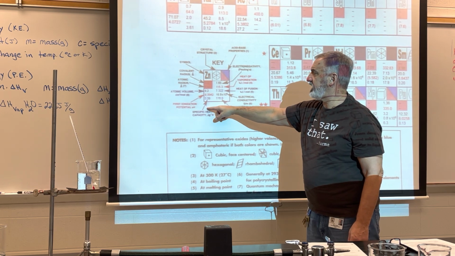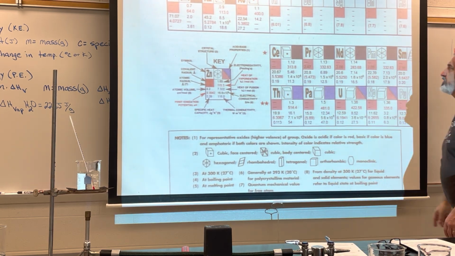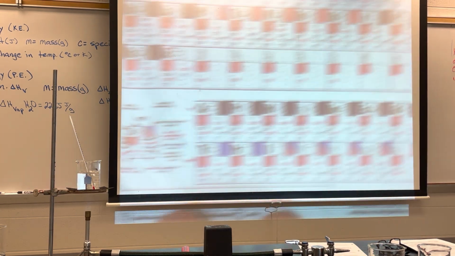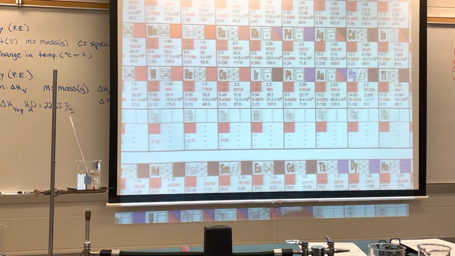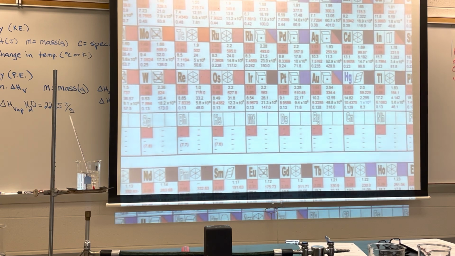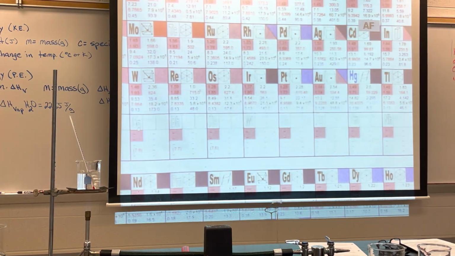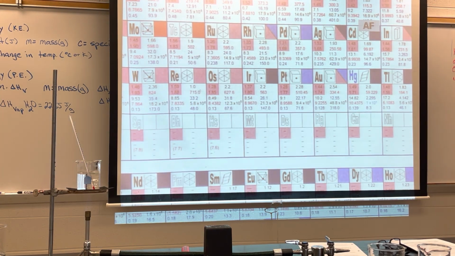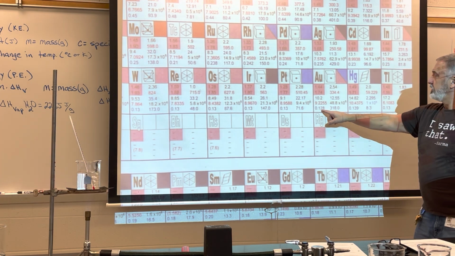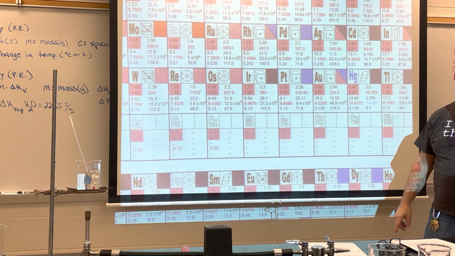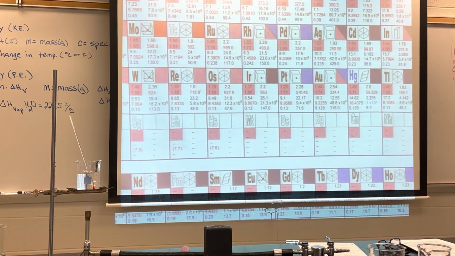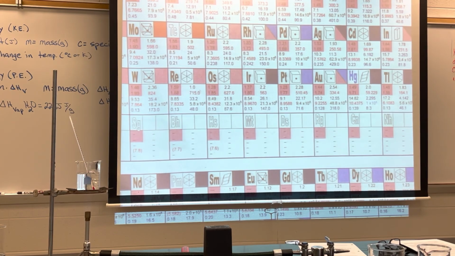That's your specific heat of each element. So I come over here and we look at some fun elements. Okay, we look at gold, you can see it's 0.128. That means it takes 0.128 joules to raise 1 gram of gold 1 degree.